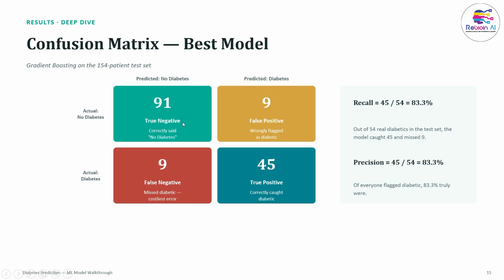True negative means correctly said, that is, no diabetes. False positive means wrongly flagged as a diabetic patient. False negative means missed a diabetic patient, and this is the costliest error. Okay. And true positive means correctly caught that the patient is diabetic.